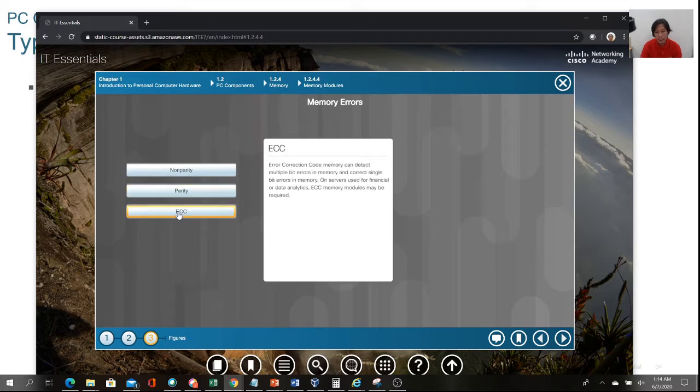We also have error correction code memory, which can detect multiple bit errors and correct single bit errors in memory. Mostly it is used in servers and some data analytics, so the ECC memory module might be required.